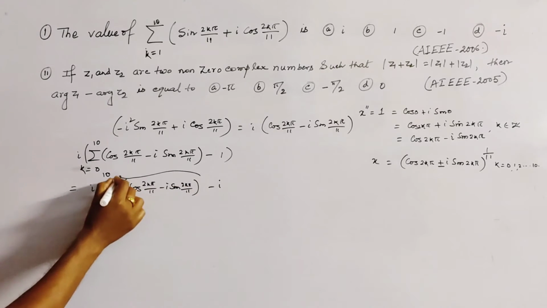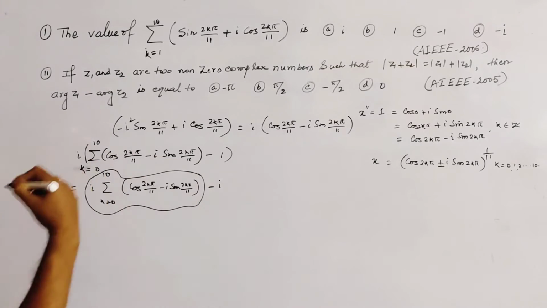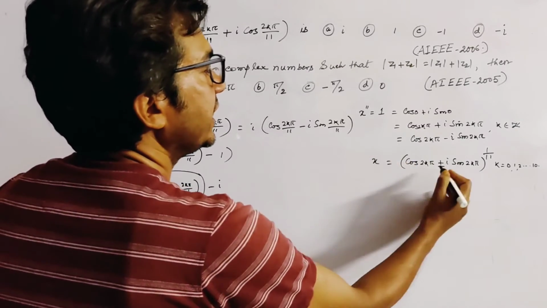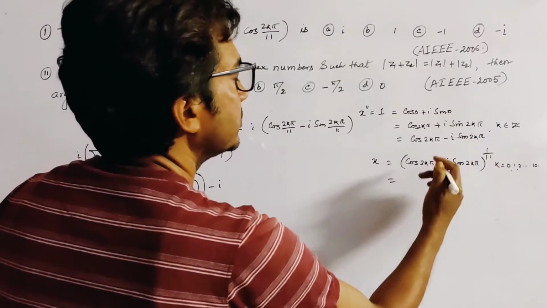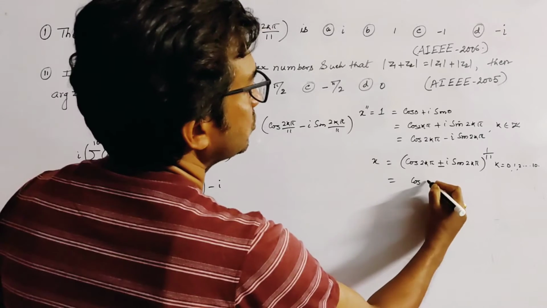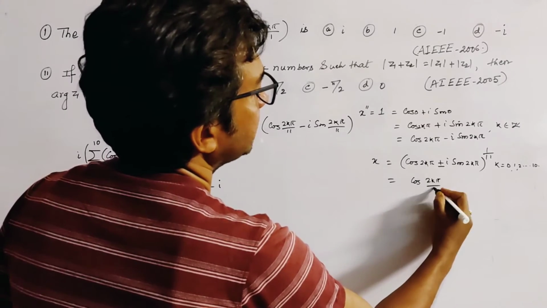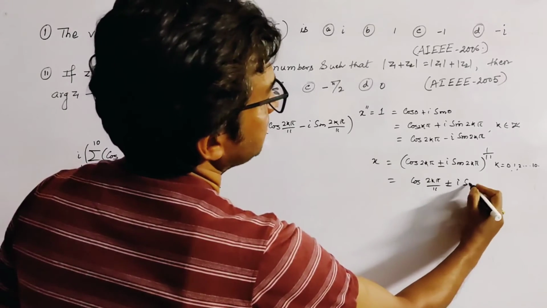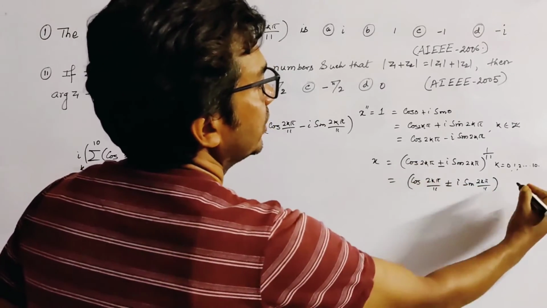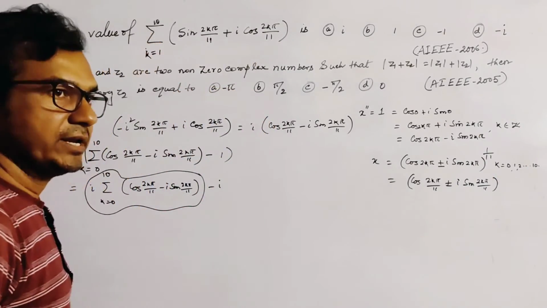Now we have to find the value of this summation. Using de Moivre's theorem, we get cos 2kπ/11 ± i sin 2kπ/11 for k equal to 0, 1 to 10.